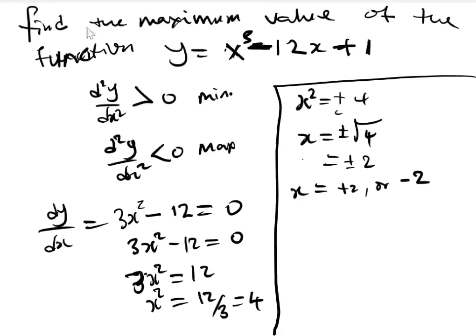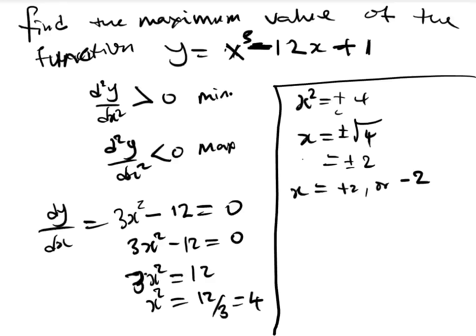But for us to determine the maximum value y takes on this expression, we need to differentiate the second time and substitute either x as plus 2 or x as minus 2 in the d²y/dx². Then whatever we get, we know if it is maximum or if it is minimum.